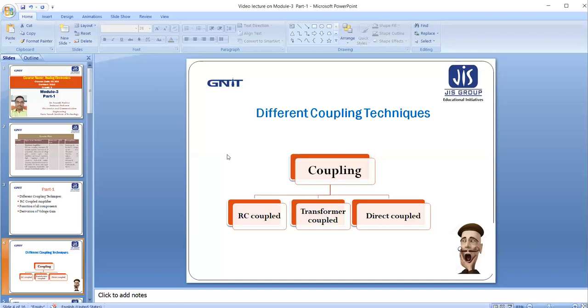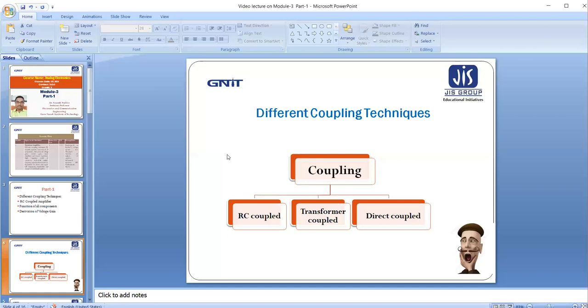When we are adding several amplifiers with each other, then there is a question how the signals will be transferred from one stage to another. That question can be answered by this coupling.